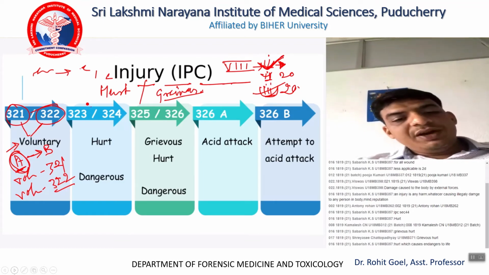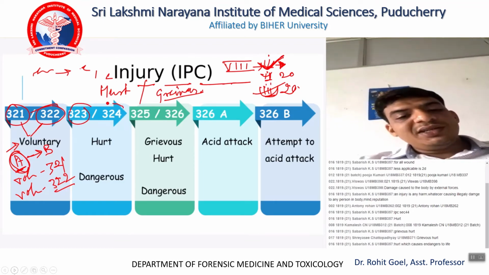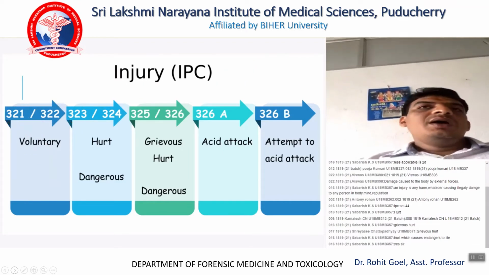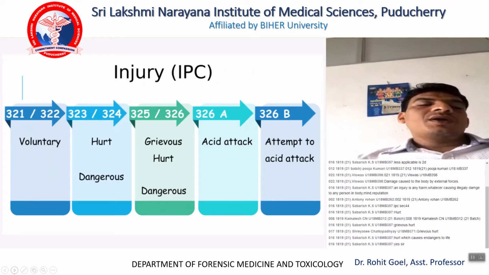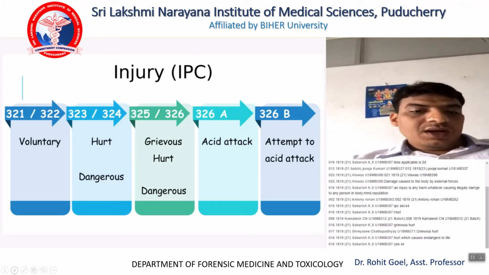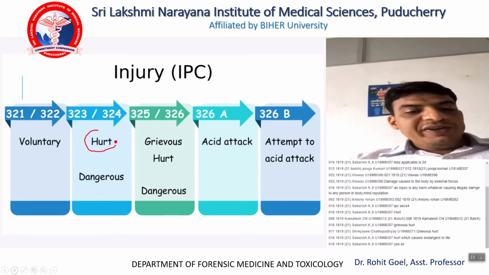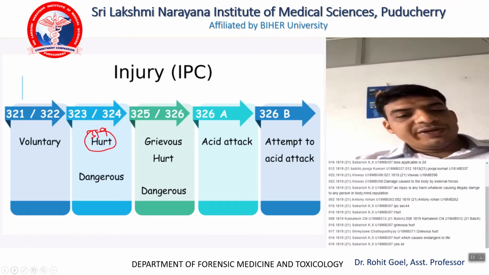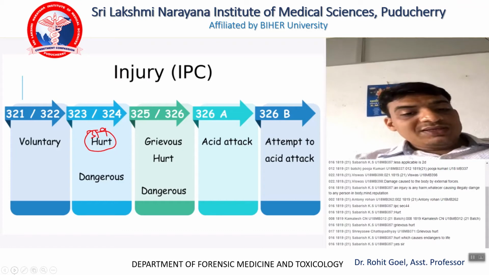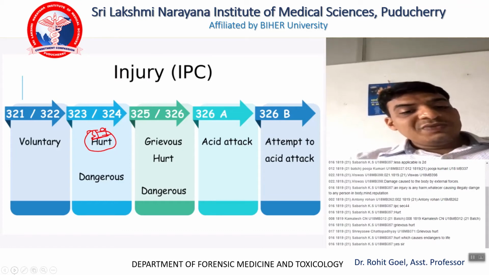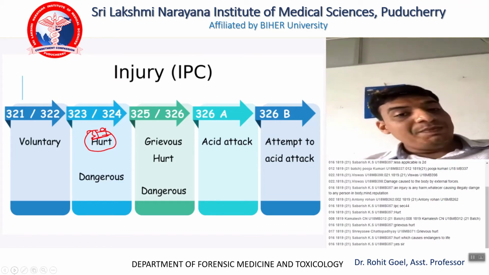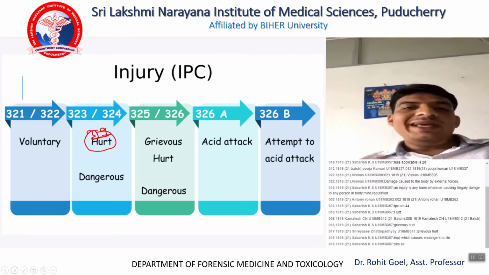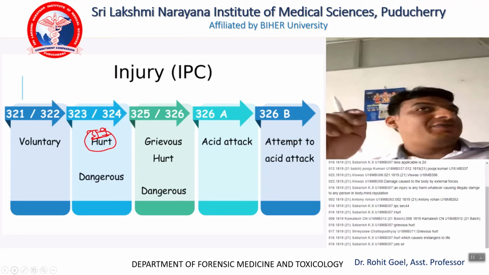Next, we come to section 323 and section 324. Look at this. Hurt. The definition of hurt is clear from 319: whosoever causes body pain, disease or infirmity. But this hurt can be caused using a simpler means or a dangerous means.